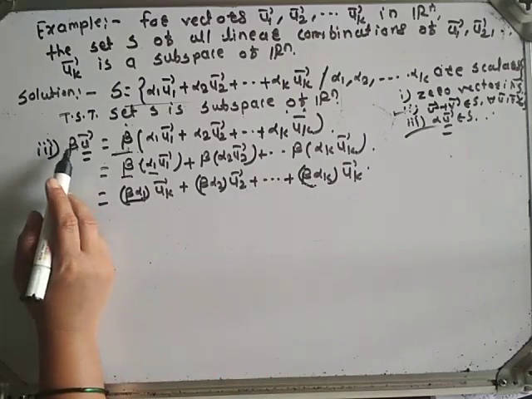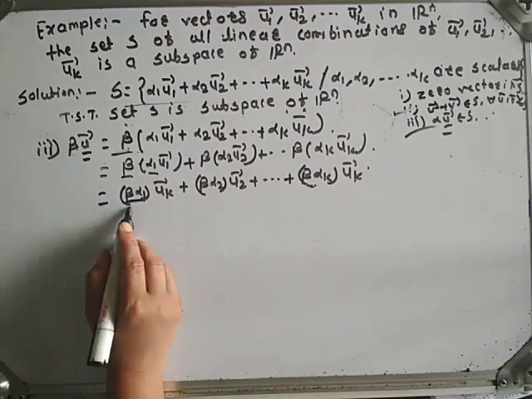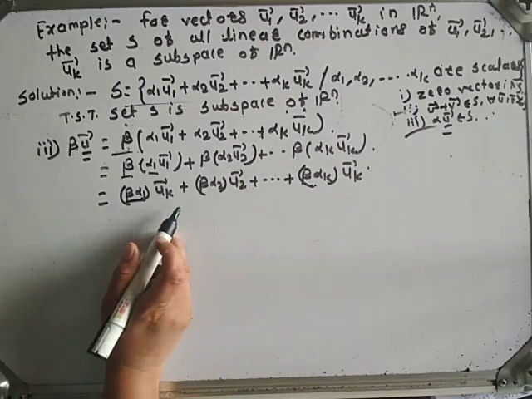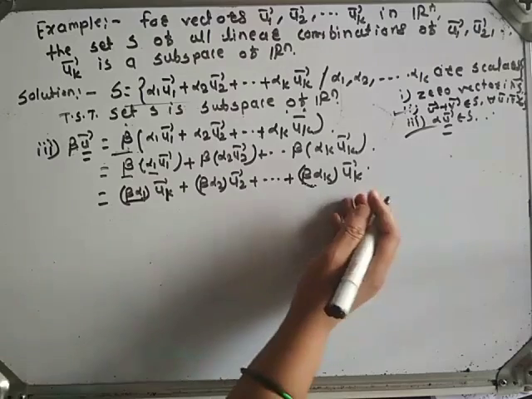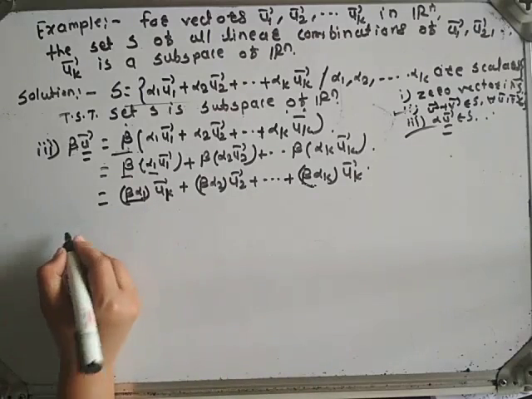So beta into u bar can be written as a linear combination of u1 bar, u2 bar and so on up to uk bar.